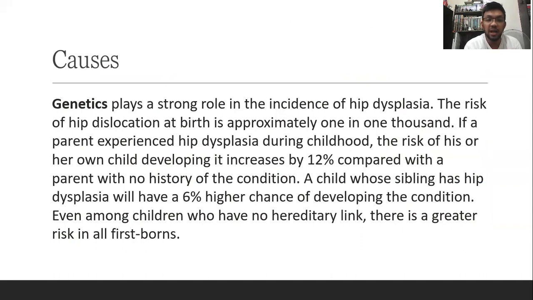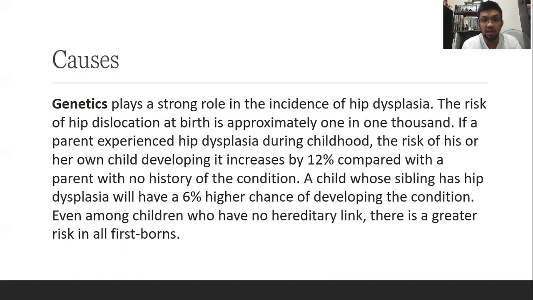Causes. Genetics play a strong role in the incidence of hip dysplasia. The risk of hip dislocation at birth is approximately 1 in 1,000. So in 1,000 births, one of those infants will be afflicted with developmental dysplasia of the hip.